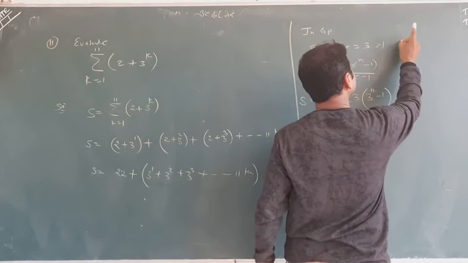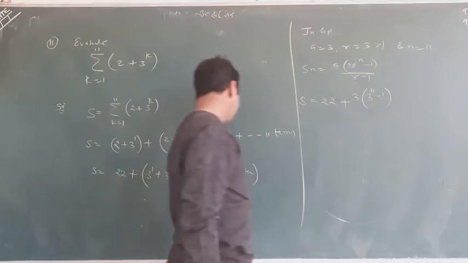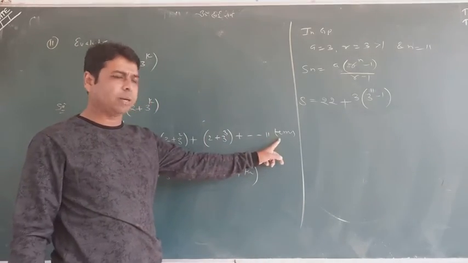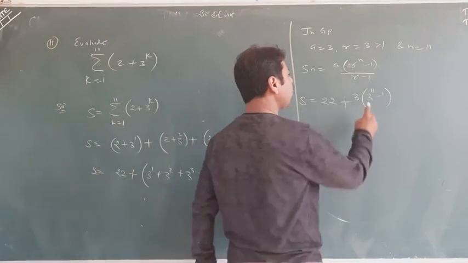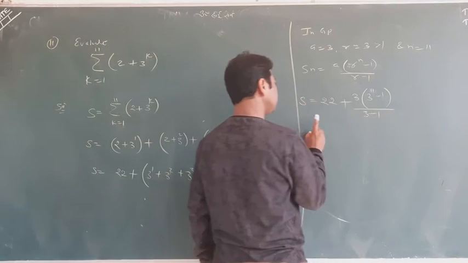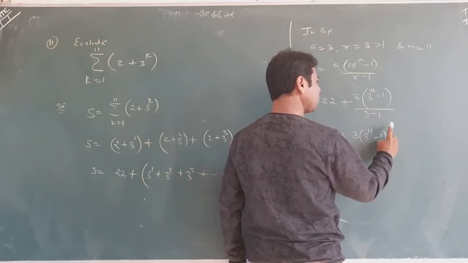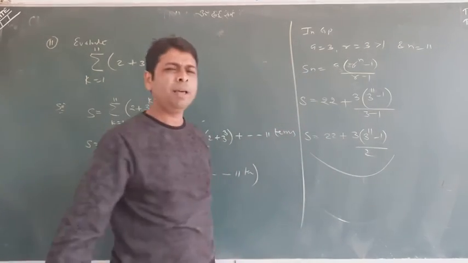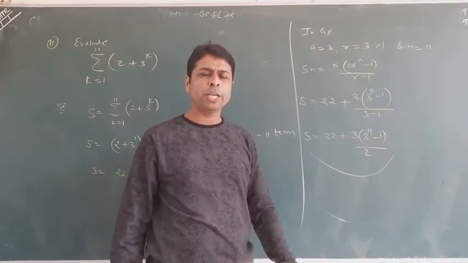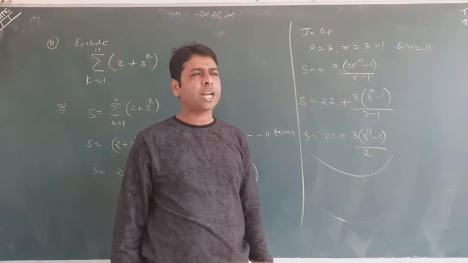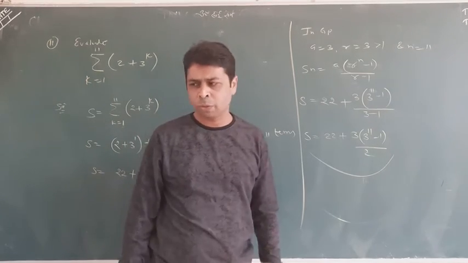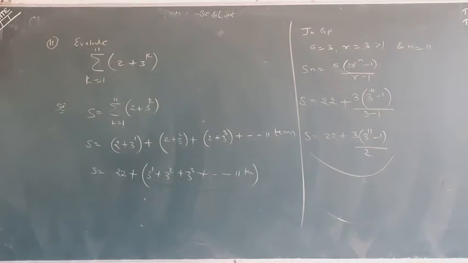Try to understand, because we have 11 terms. So we'll write n equal to 11, upon 3 minus 1. So lastly the answer will be given as 3 into 3 to the power 11 minus 1 upon 2. This is a good answer because 3 to the power 11 will not be a small one. It's just time taking. You can drop your answer right here. Okay. So this is the way of doing the question.